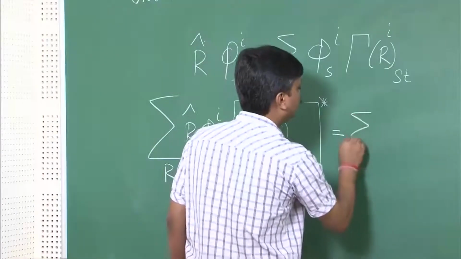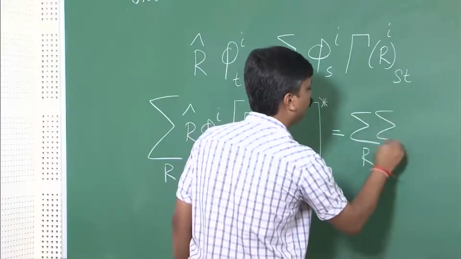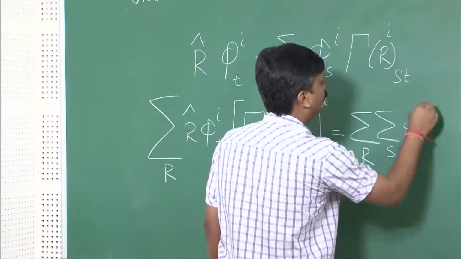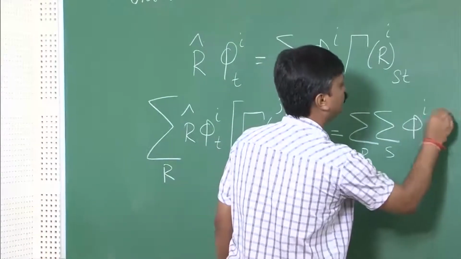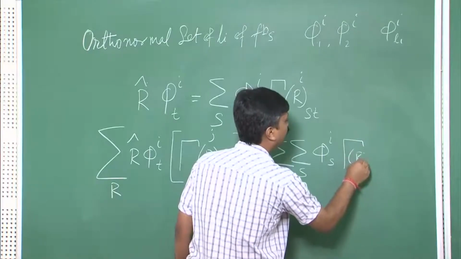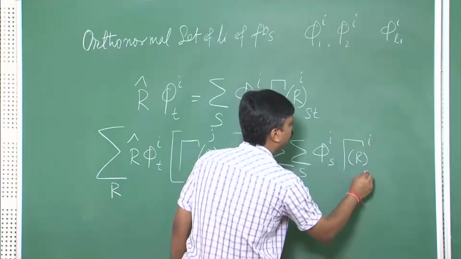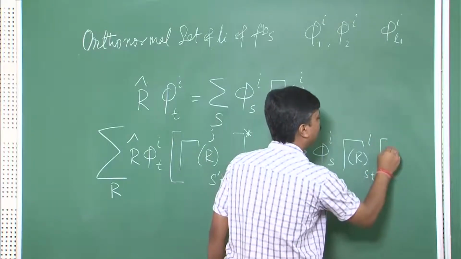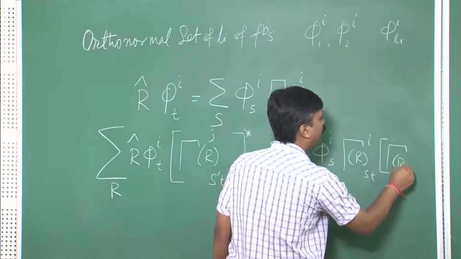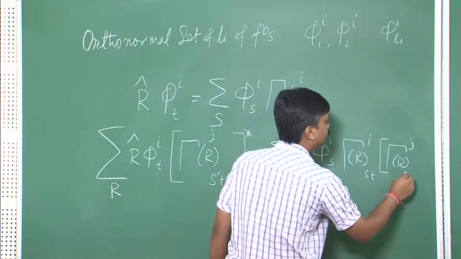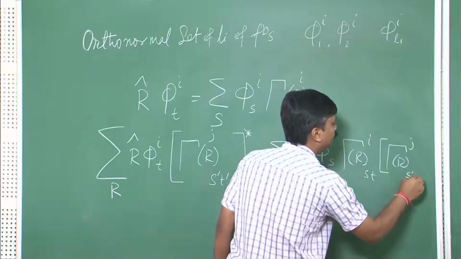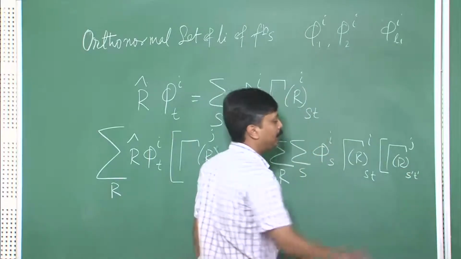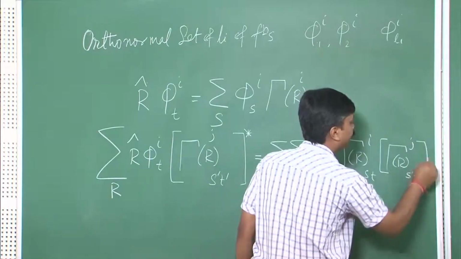So in that case I have summation over R, summation over S, phi s superscript I, gamma of R for the ith representation with element st, multiplied by gamma of R for the jth irreducible representation having elements s prime t prime.